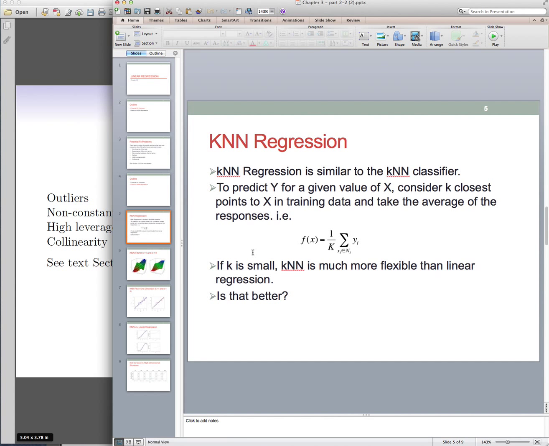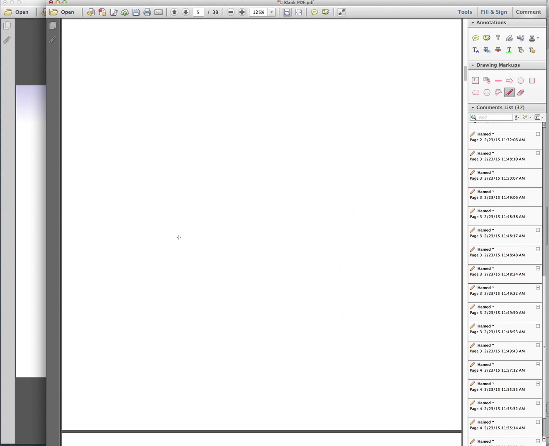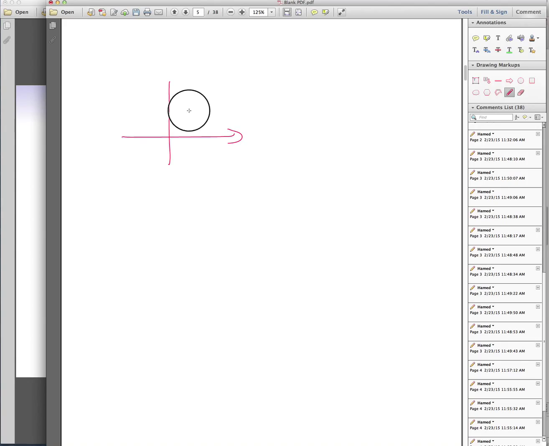To remind you, for KNN algorithms, we're looking at a neighborhood. So KNN algorithms for any point would look at the k-nearest neighbors and take the average value of the nearest neighbors as a predictor of that point. So that's what you do.